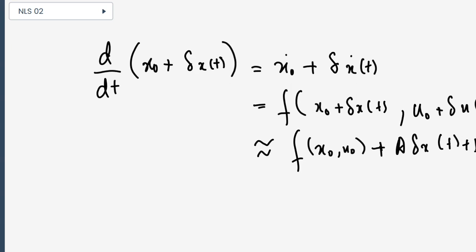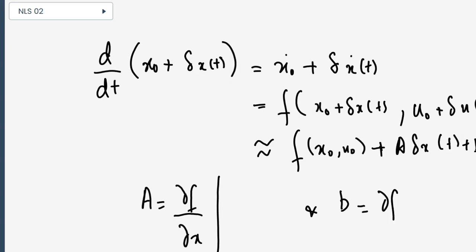Now comparing this with the Taylor series expansion, A will be equal to delta f by delta x at x naught, u naught. And B will be equal to delta f by delta u at x naught, u naught.